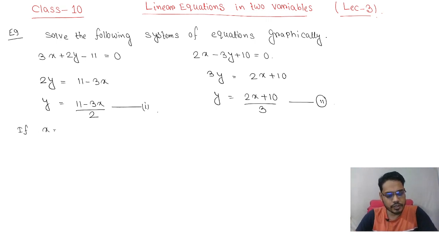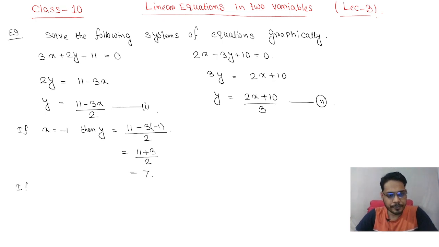If x is equal to minus 1 in equation number 1, then y will be (11 minus 3 into minus 1) divided by 2. So it will be (11 plus 3) by 2. That means 7.